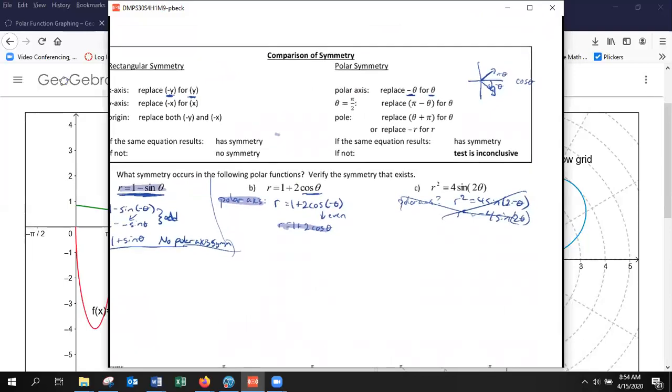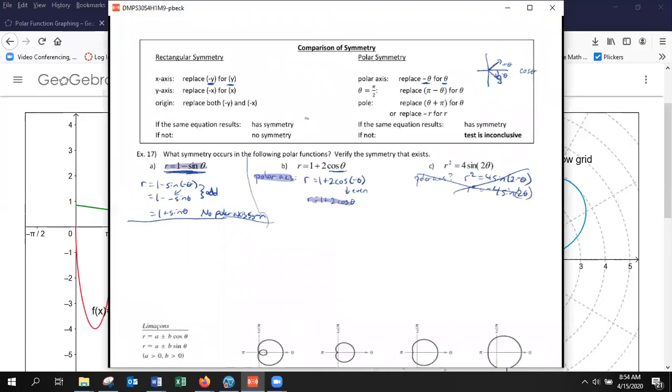The second one is theta equals pi over 2 symmetry. Actually, before I get into that, there is something that I do want to emphasize: if the test fails, we actually have what we call an inconclusive test.